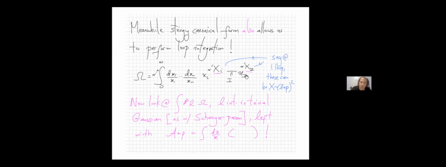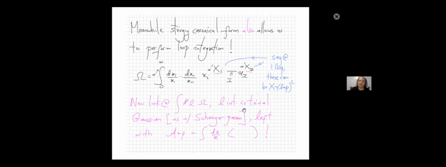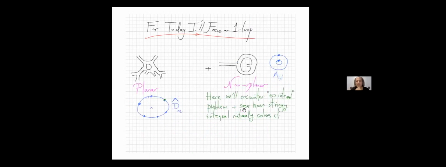And therefore, we can do all the loop integrals as Gaussian integrals, just like we could do with Schwinger parameterization, leaving you with some integral over this binary realization of the positive geometry with some more interesting integrand that comes from doing the Gaussian integral. And that would then give you a representation of the actual amplitude as an integral over this binary geometry.